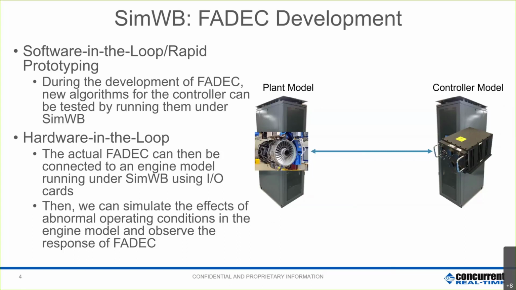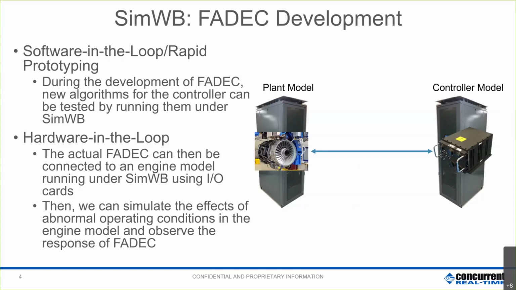For that, you can either choose to run this algorithm in Simulation Workbench in real time and talk to the actual plant or actual jet engine, or you can talk to another jet engine model, basically the digital twin of your jet engine, and then evaluate the performance. This is very useful to find out problems very early in the development cycle. That means you save tons of money on the cost of development.